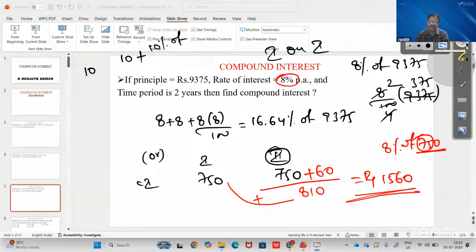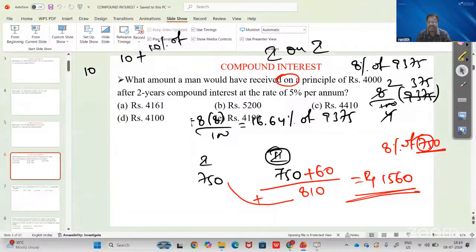One is effective rate, one is formula, and the other one is the ratio based method. Whichever is the easy method, we need to go with that. The last two questions we went with the net effective rate. This question we can't go with the net effective rate. So we may go with this method or else this method. So the ratio method is also applicable. Next question.